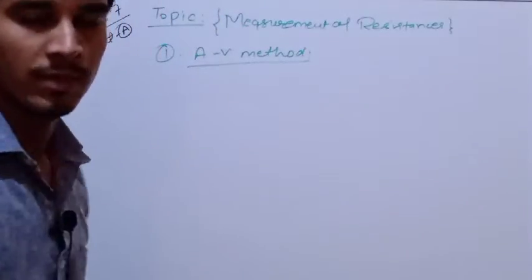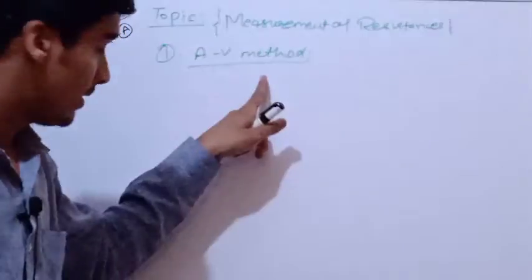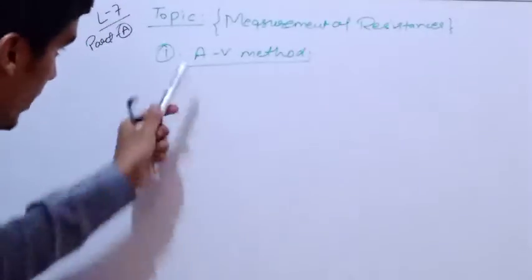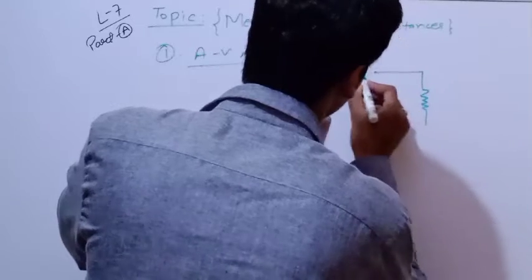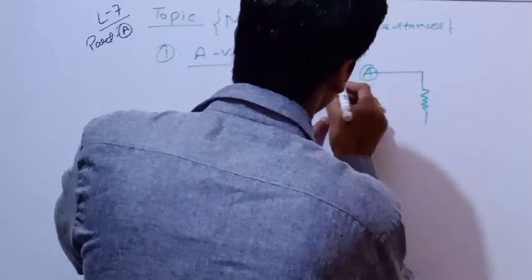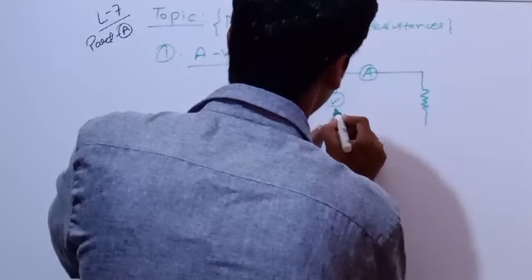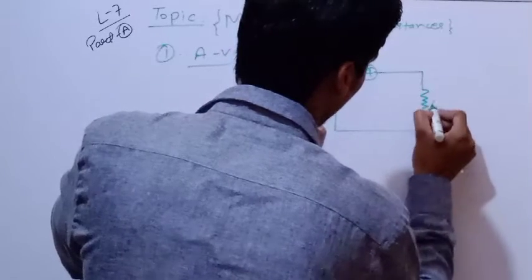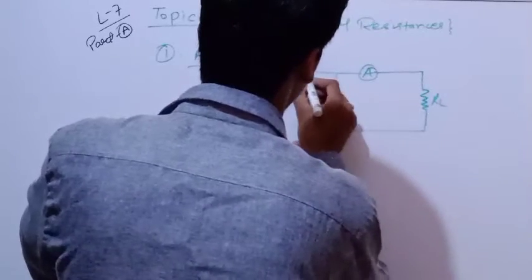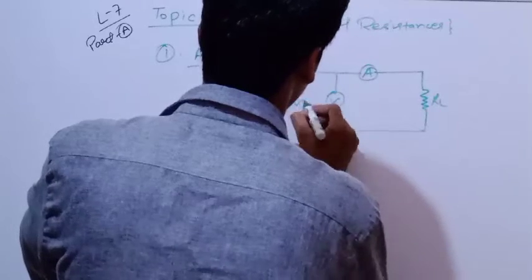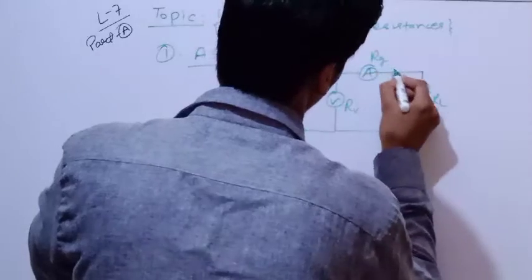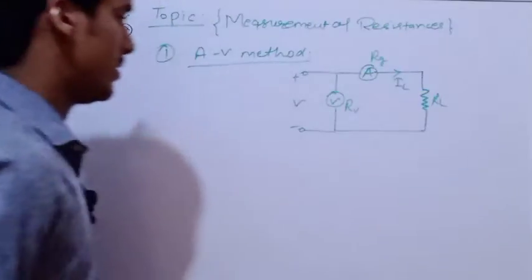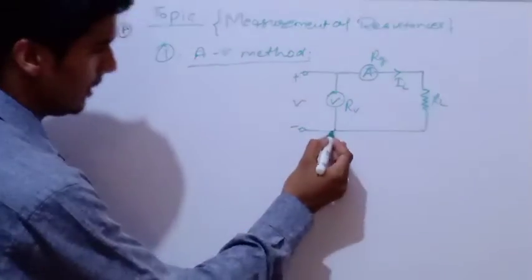In this method, first we are going to connect the ammeter near to the load. This is the circuit diagram for this method.